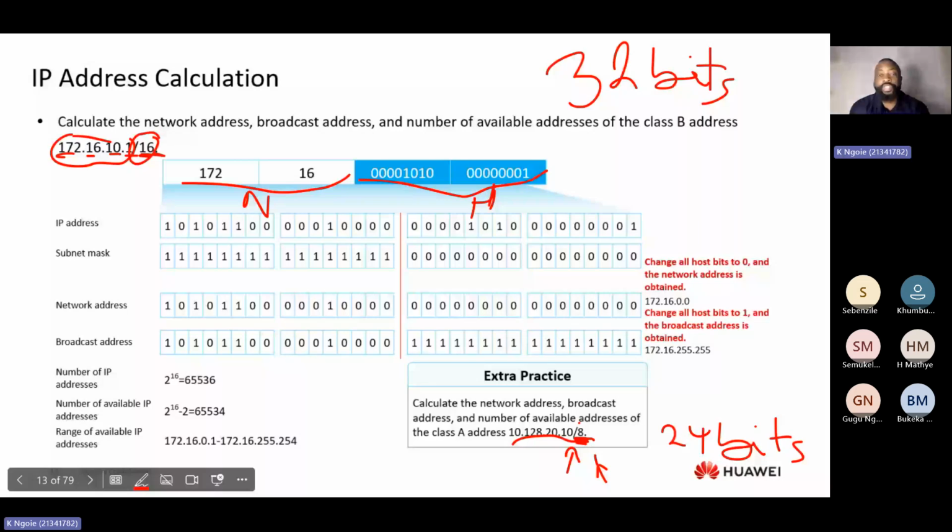All right. So since it's a class B address, guys, remember, we had this IP. Let me write it again. We have 172.16.10.1.